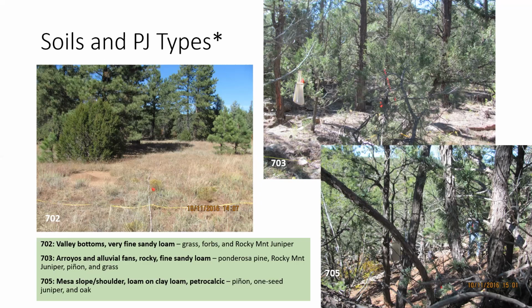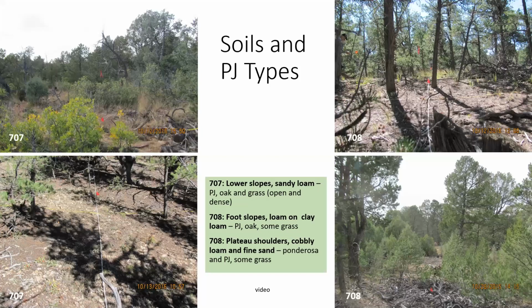Other soil types are, and those are the more predominant ones of Glorieta Freedom Ranch, soil type 707 with many different varieties, which is more sandy on the lower slopes, with a lot of piñon, juniper, oak, and grass in a patchy, groupy structure. And then in the southern and western part of the range, on foot slopes, you have soil type 708, which is more loamy and clay, with piñon, juniper, oak, some grass, and not as much Ponderosa pine.